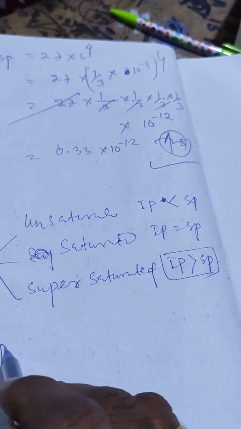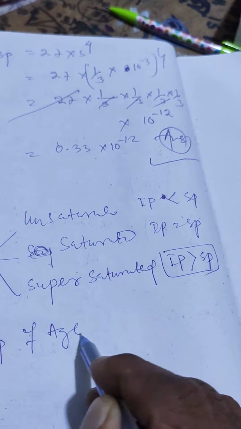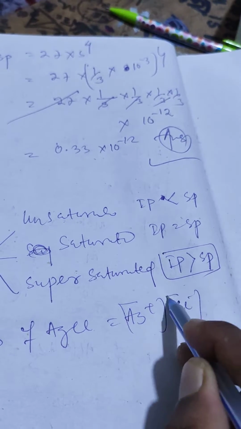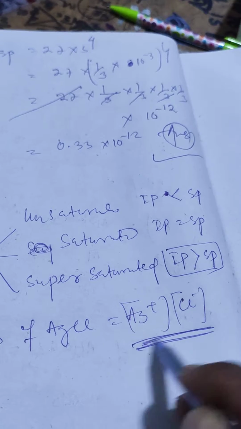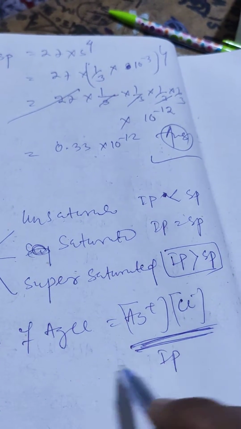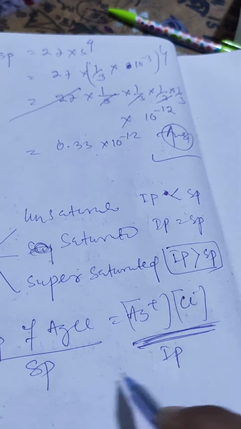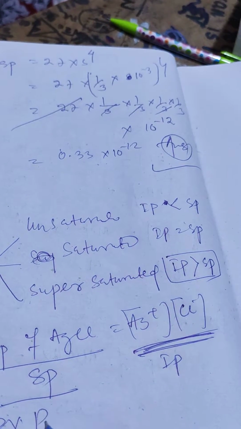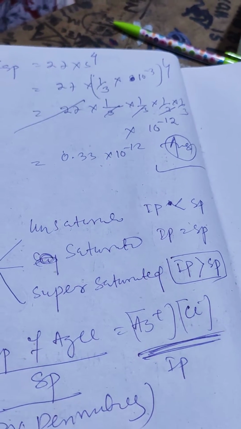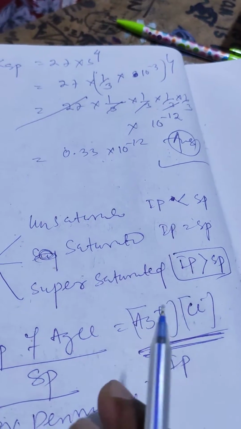You see, when we are calculating the Ksp of AgCl, that is equal to the Ag plus concentration into Cl minus concentration. If you take the product of the molar concentration of all the ions, that is the ionic product. The solubility product is experimentally determined. It is not calculated, it is experimentally determined, or experimental data will be given.